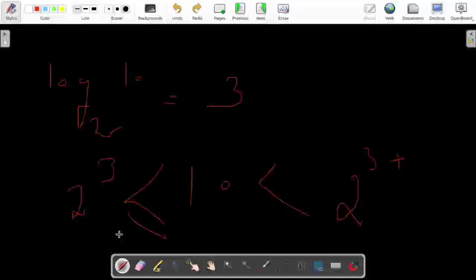That's why we have included this greater than sign, because for 10 it will be something like 3.3. And of course, if we remove this decimal part, this is the power just less than 10. Let's say this is equal to j. 2 to the power j is the largest power less than or equal to 10. Then 2 to the power j plus 1 will be the number which is strictly greater than 10.